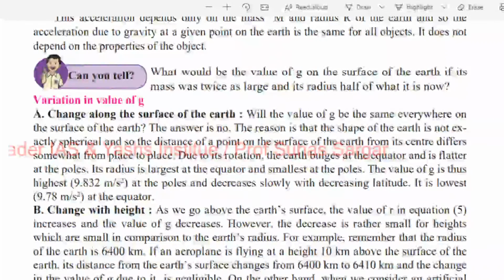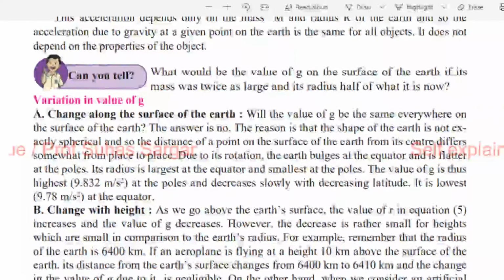The reason is that the shape of the Earth is not exactly spherical, and so the distance of a point on the surface of the Earth from its center differs somewhat from place to place. Due to its rotation, the Earth bulges at the equator and is flatter at the poles.